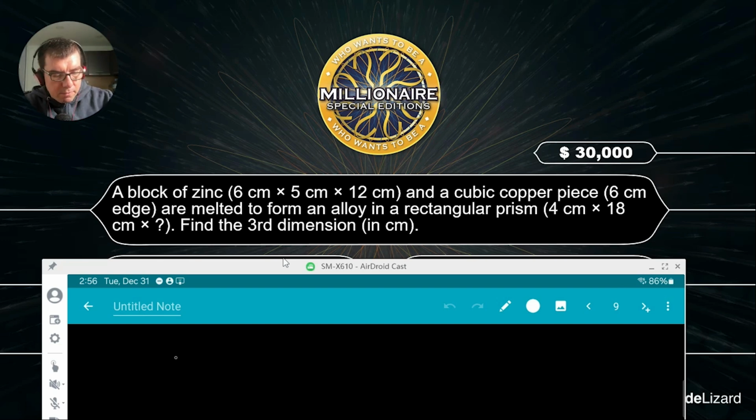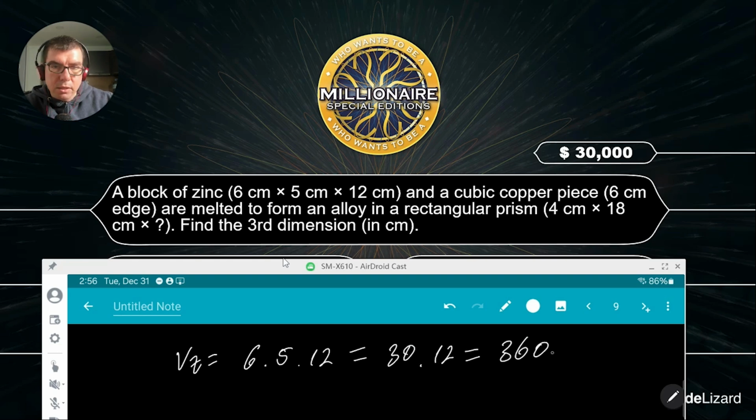Let's find the volume of zinc. It is going to be A times B times C, the product of the three dimensions. So 6 times 5 times 12, this is 30 times 12, which is 360 centimeters cubed. Then the volume of the copper will be 6 to the power of 3, 216 centimeters cubed.